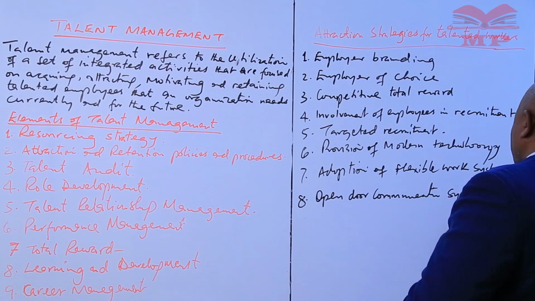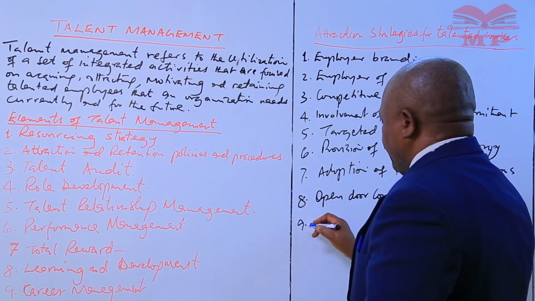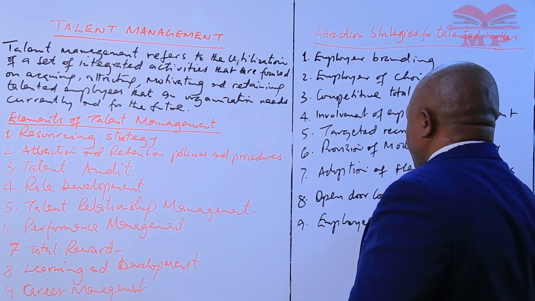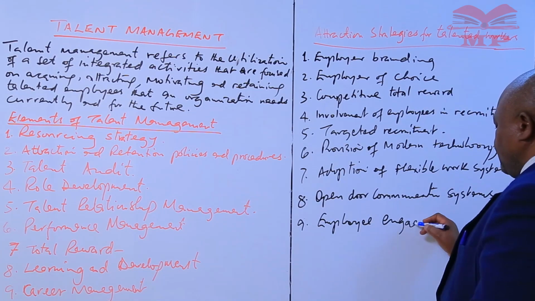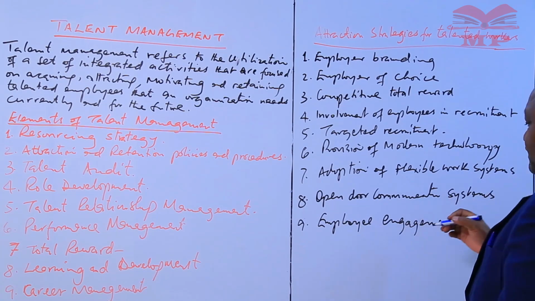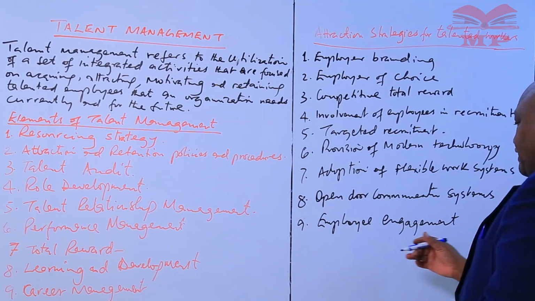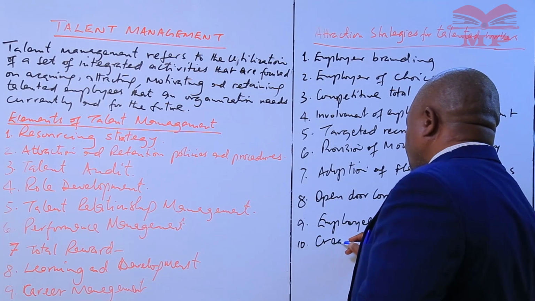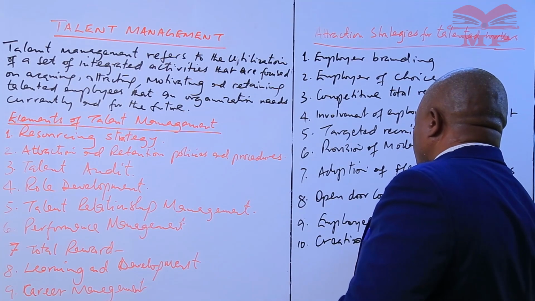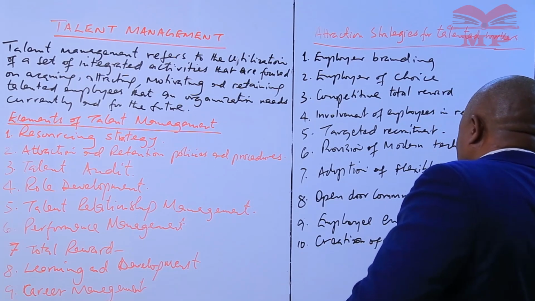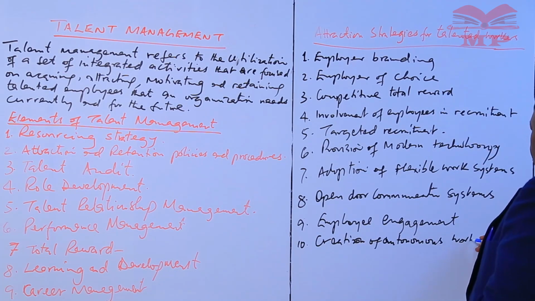Number nine, employee engagement. So open door communication systems, workers are involved in decision making, employee engagement, and number 10, creation of autonomous work groups.